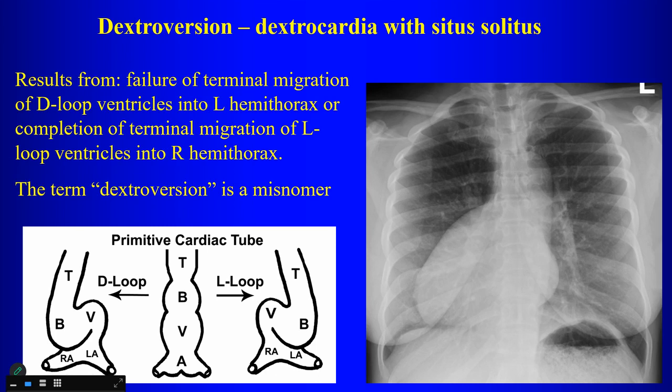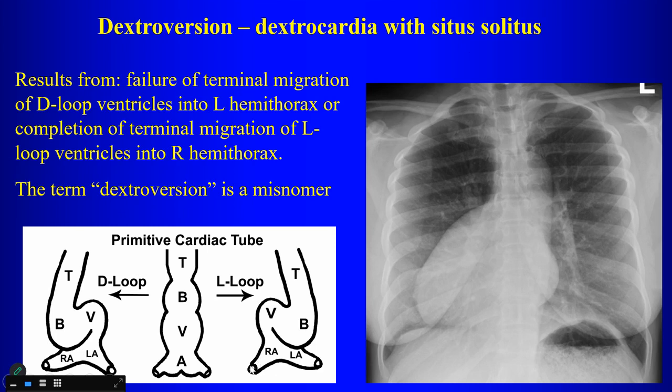From the last lecture, D-loop with situs solitus is a concordant cardiac loop. L-loop with situs solitus is a discordant cardiac loop. That is not supposed to happen, okay? But if it does, then this would migrate to the other side, completion of terminal migration of L-loop ventricles into the right hemithorax. That could also give you dextrocardia with situs solitus.